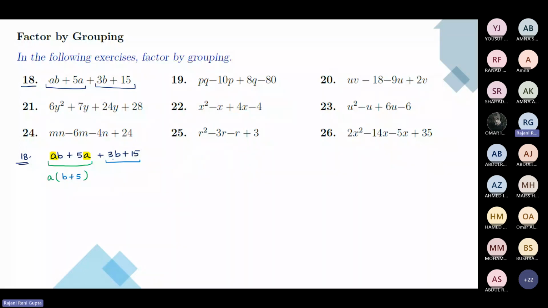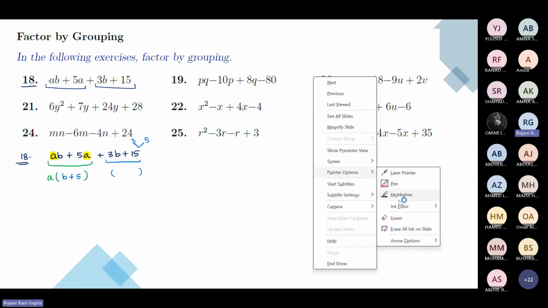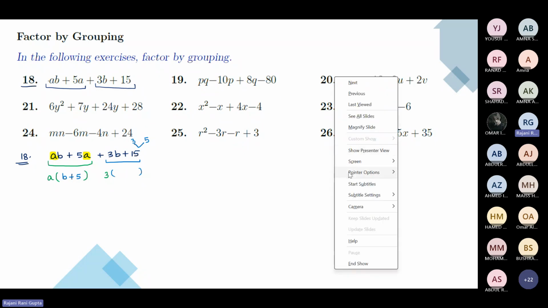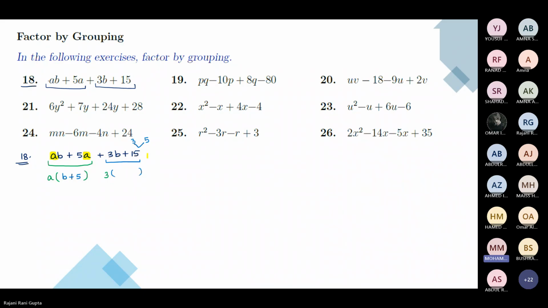Now in the second part, you have 3b plus 15. 15, how can you write 15? 3 times which number? 5. Good. So can I take out a common number here? What can I take out as common? 3. If I take 3 outside, what am I left with here? b and here 5. Are you getting me? So this will give you b plus 5.